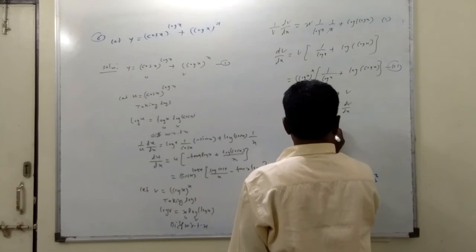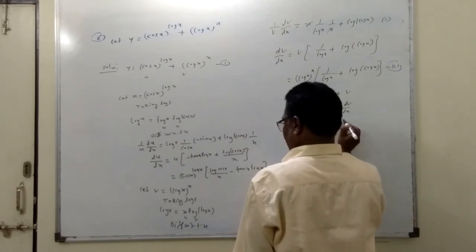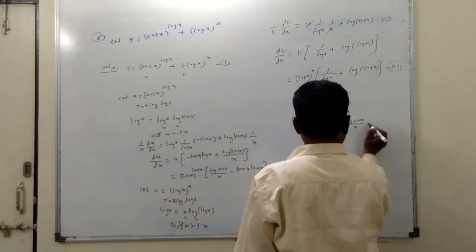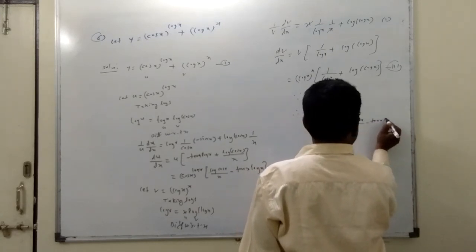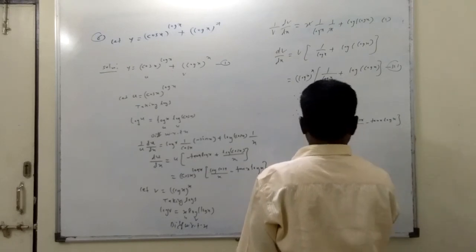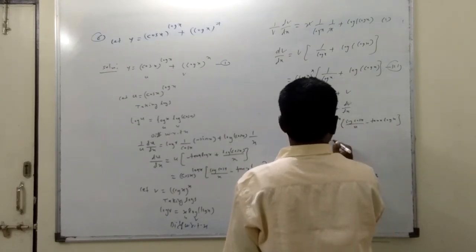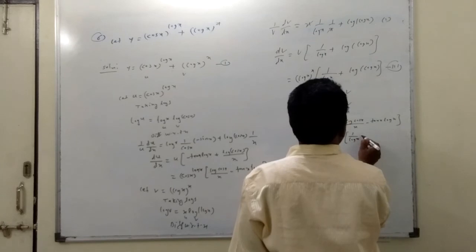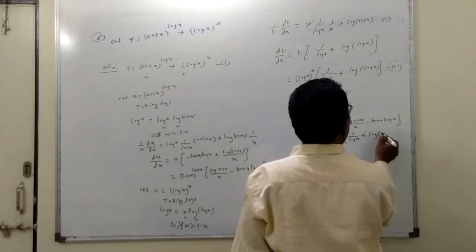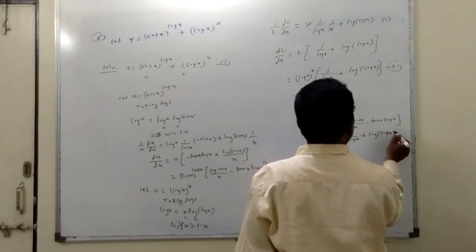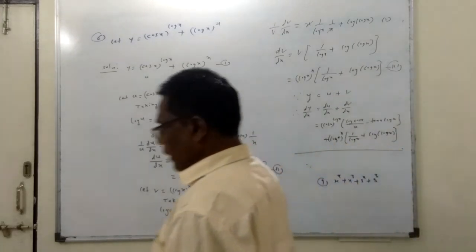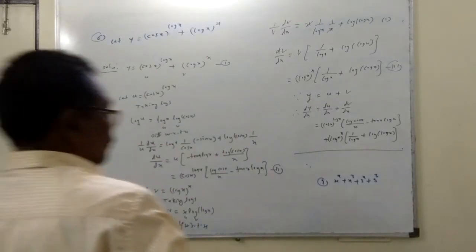So dy by dx equals cos x raised to log x into the bracket log of cos x divided by x minus tan x log x, plus log x raised to x into the bracket 1 upon log x plus log of log x. So this is the derivative of the sixth example.